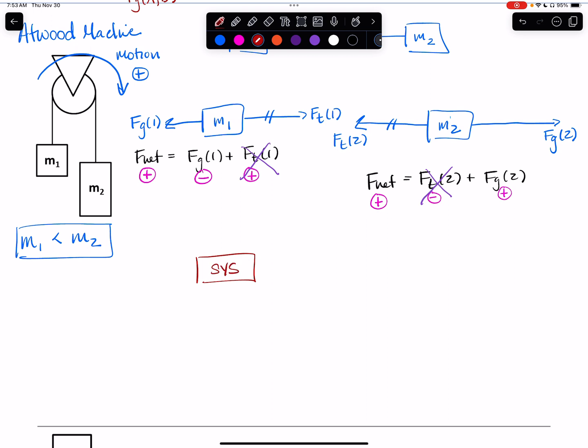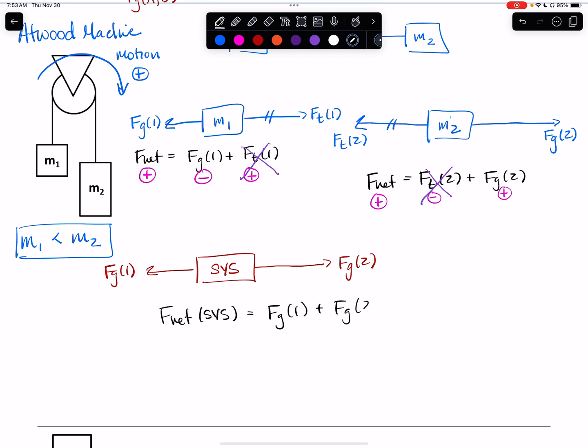I'm going to have a gravitational force from mass 2 pulling in one direction, and a lesser gravitational force from 1 pulling in the other direction, which means my net force for the system is going to be equal to FG1 and FG2. For my signs, I'm going to have a positive value for FG2, a negative value for FG1, and my overall system value will be positive.